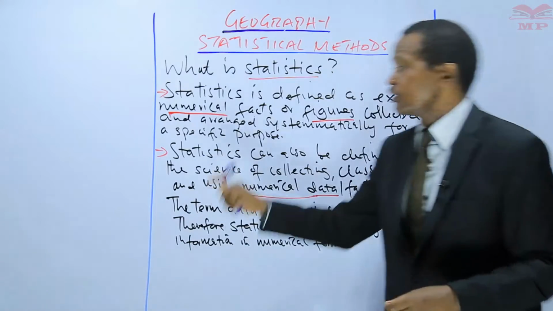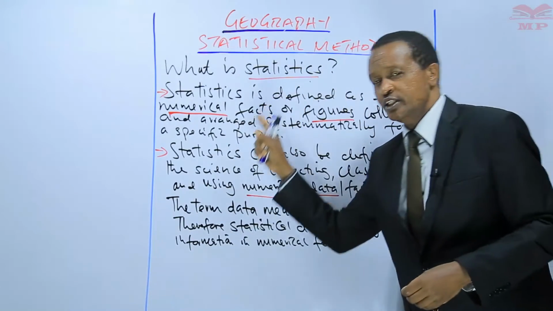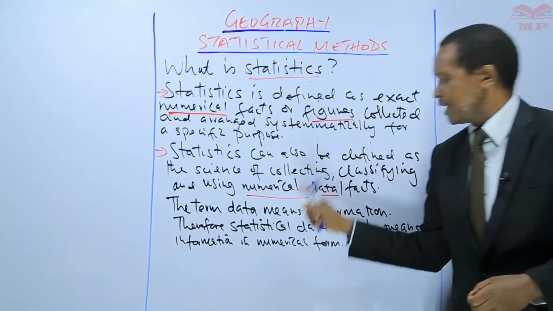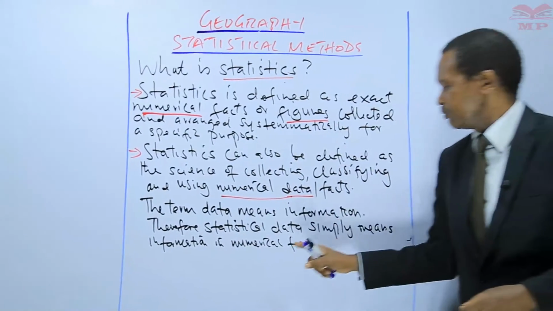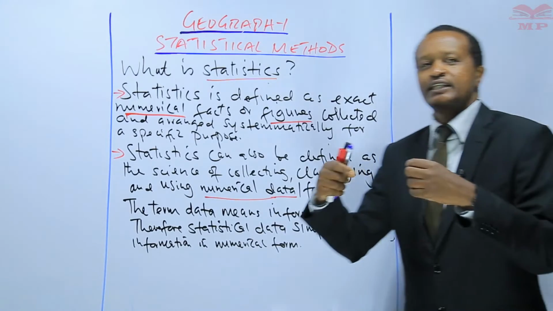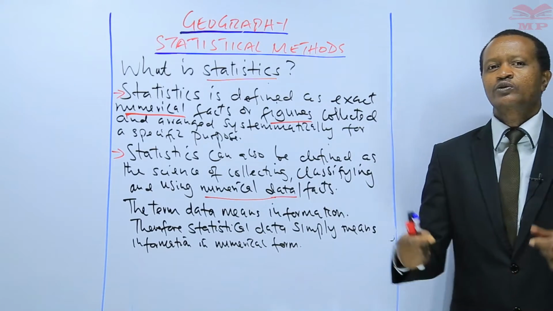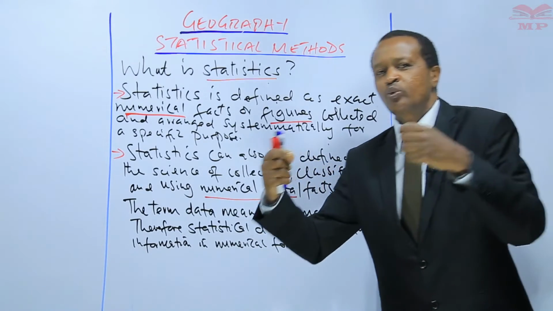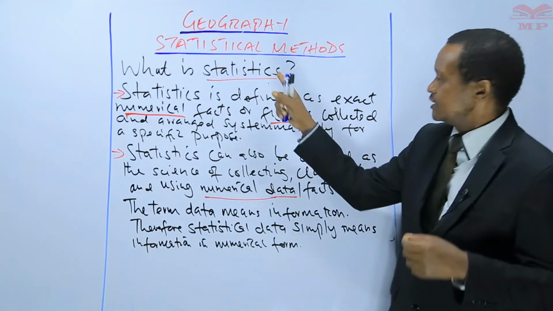For us to understand geography better, we need to use numbers. We need to use numerical facts. We need to use statistics, learners. We are therefore interested in the way data is obtained.